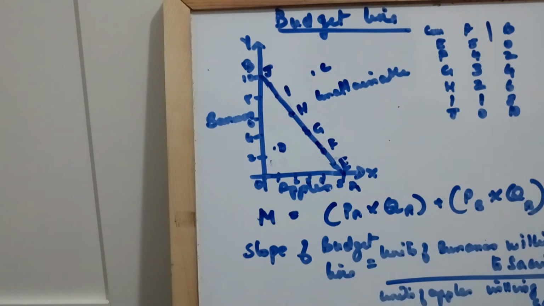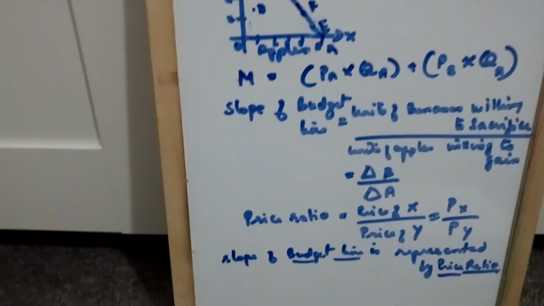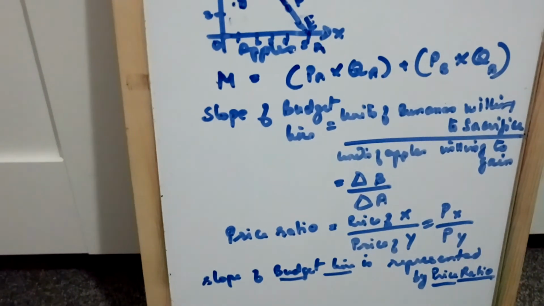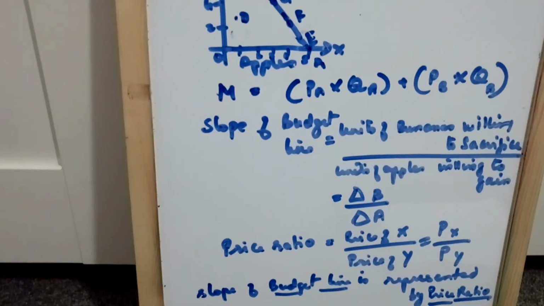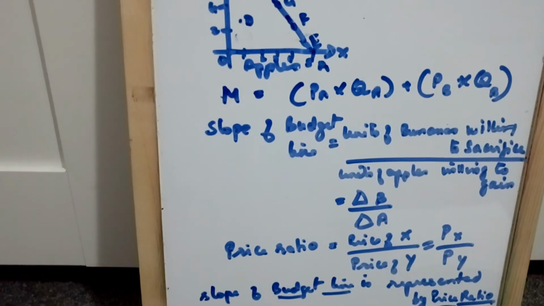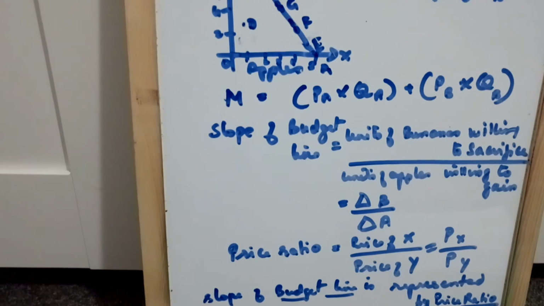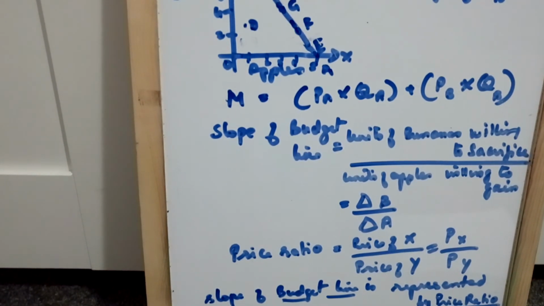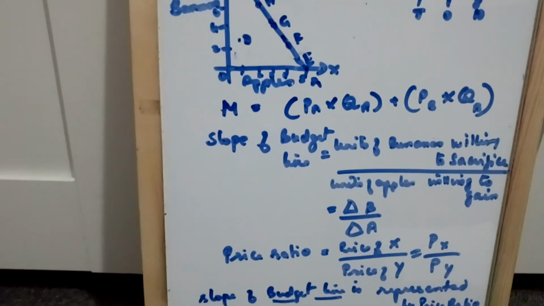So the slope of the price ratio, the price ratio is equal to the price of X, here the price of apples, divided by the price of Y, here the price of bananas. So Px by Py gives the price ratio.